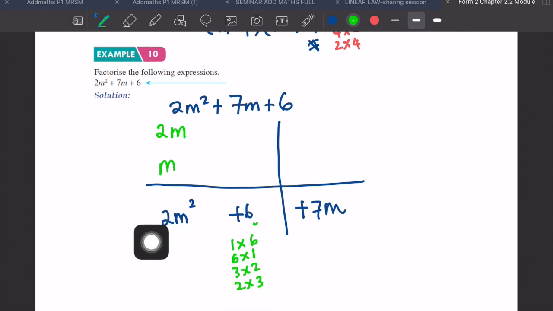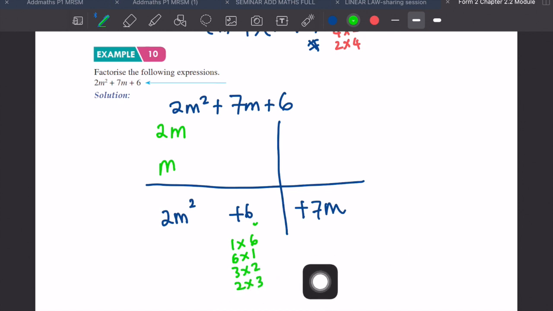Lepas tu ada 2 sini. Contoh, 3 darab 2, 6, tambah 2, 8. So tak boleh. Okay, kita cuba 2, 3. Okay, 2 darab 2, 4. 4 tambah 3, 7. Okay, boleh. Okay. So kita pilih sini 2, 3.